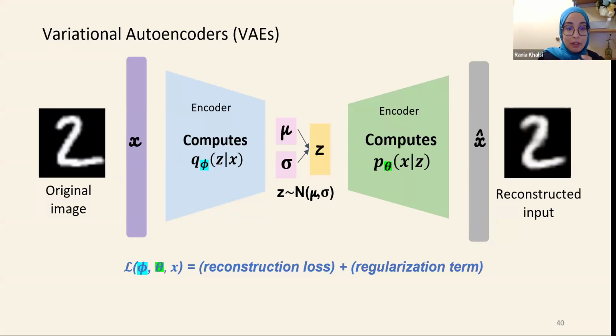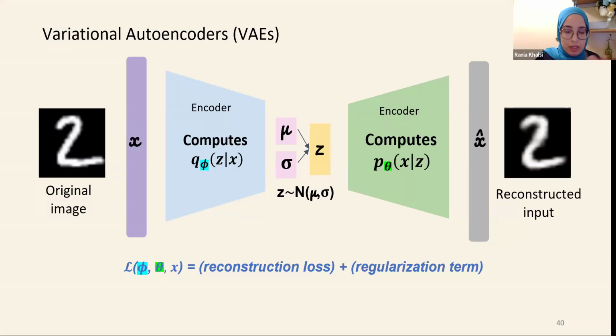And now the second part, which is the regularization term we are covering today, which is the new thing for today's lecture. It's mainly designed to handle this new distribution we are using, the Gaussian distribution.